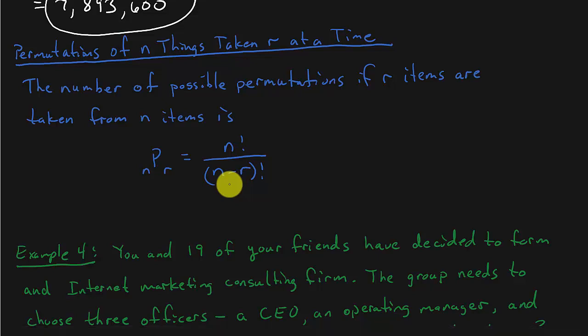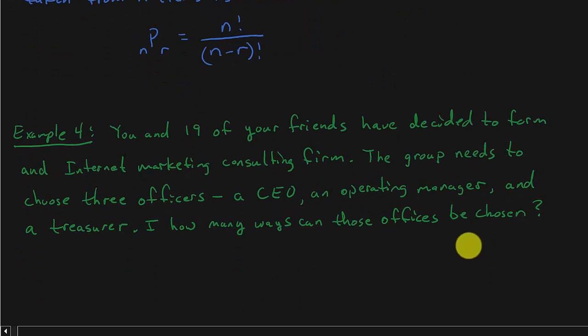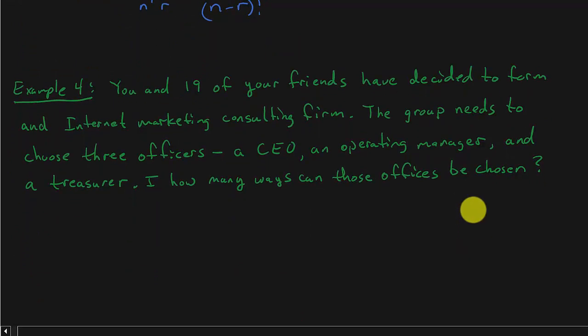So let's look at an example and see what we got. Example 4: you and 19 of your friends have decided to form an internet marketing consulting firm. The group needs to choose 3 officers, a CEO, an operating manager, and a treasurer.